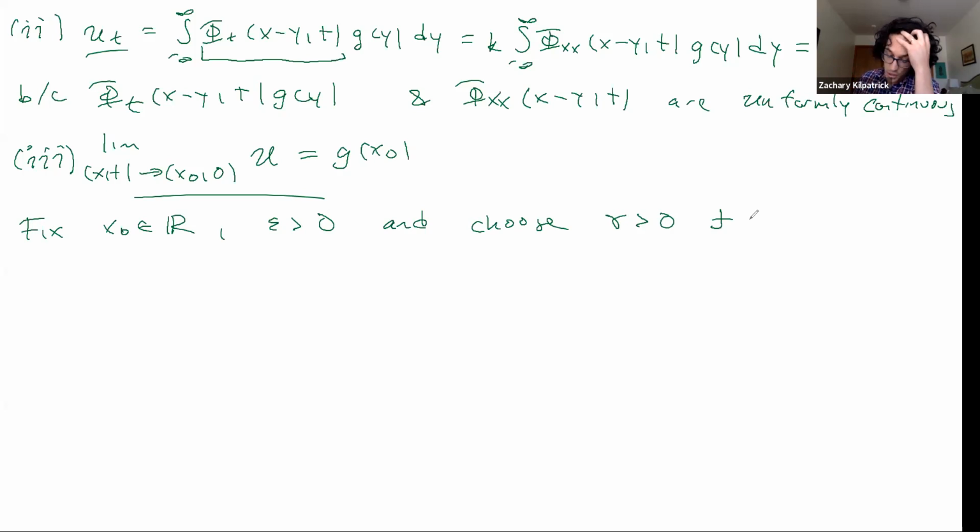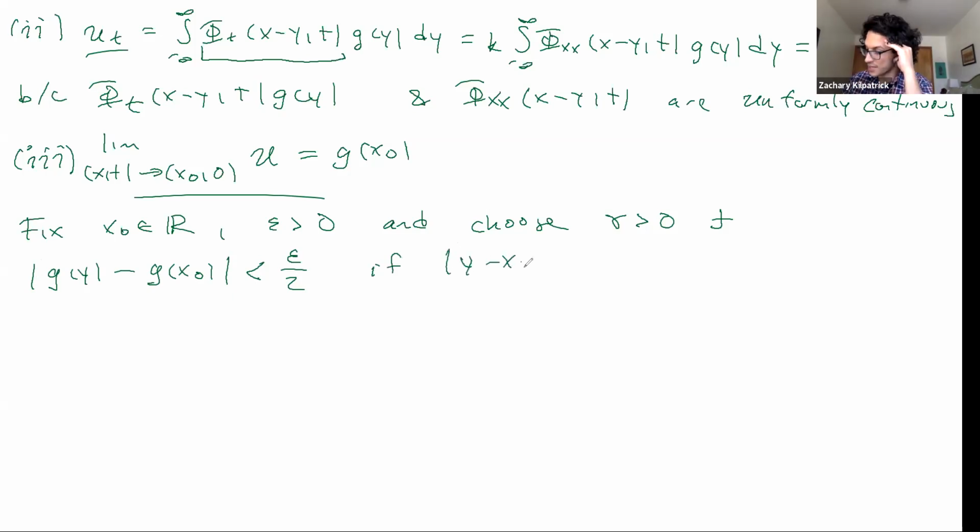I'm going to choose these such that g of y minus g of x0 is bounded from above by epsilon over 2, if y minus x0 is less than gamma, okay?